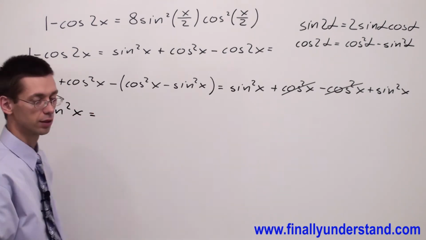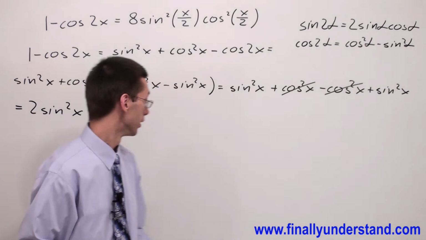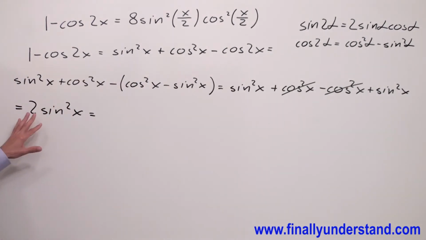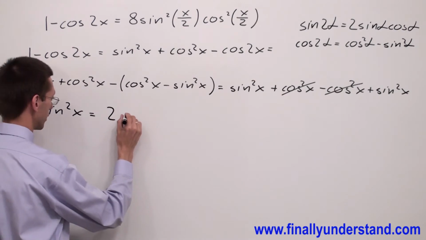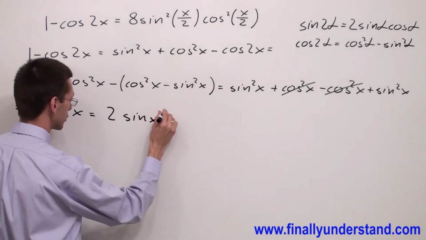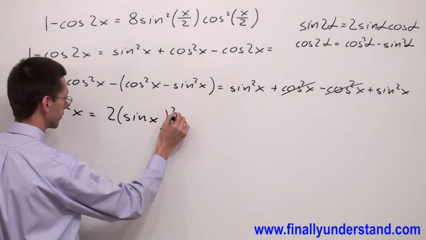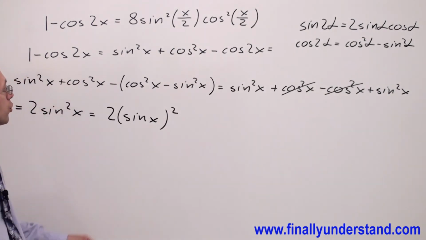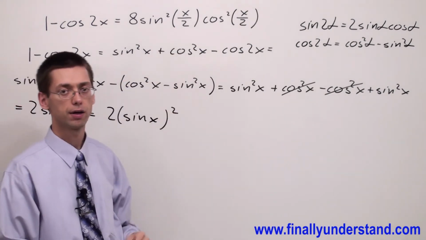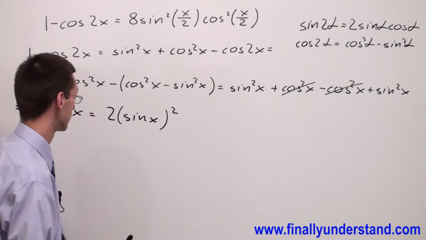Someone is going to ask what we're supposed to do next. Let's take a look. You can rewrite this expression as 2 sine x to the second power. But someone is going to ask, what about half angles? Take a look at what we can do.